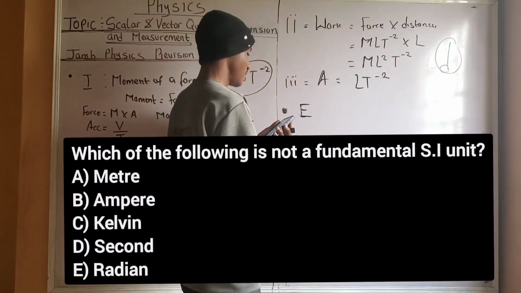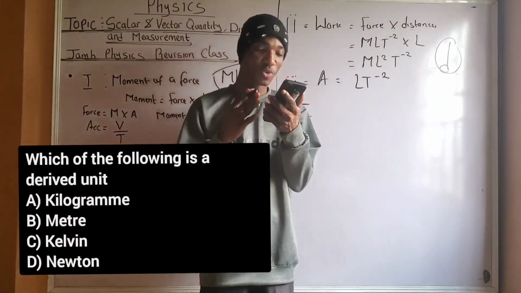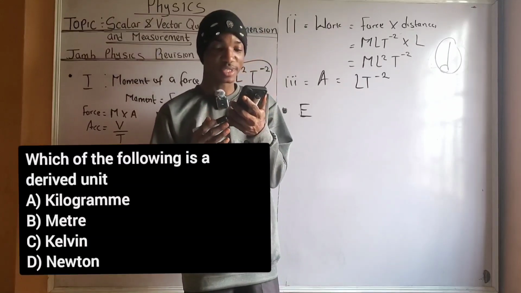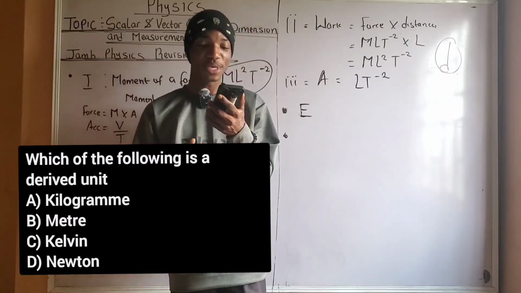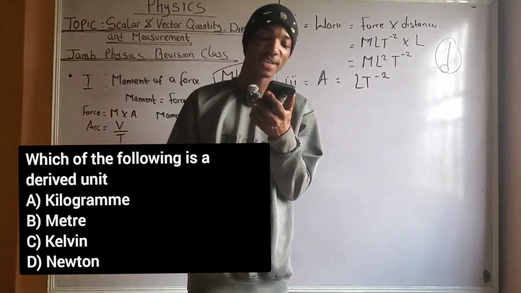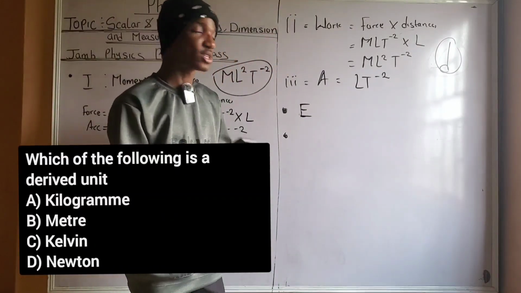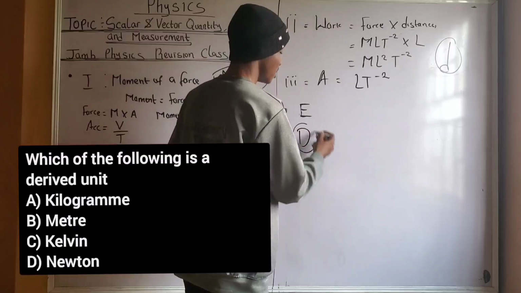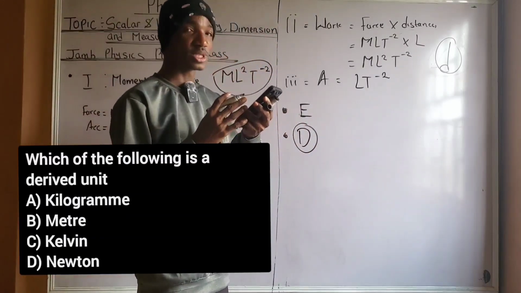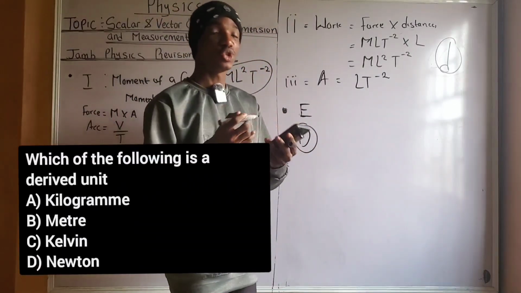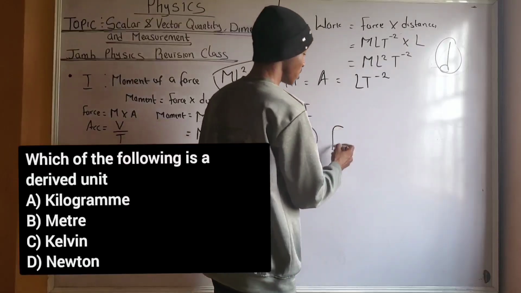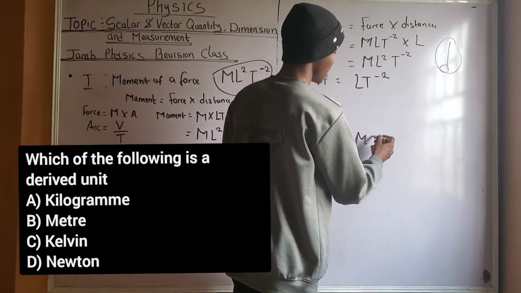Okay, the next question. Which of the following is a derived unit? A. Kilogram, B. Meter, C. Kelvin, D. Newton. Newton is the derived unit. The correct option is option D. The derived unit among the options is Newton. You know, Newton is the unit for force, you understand? And force is equals to mass times acceleration.